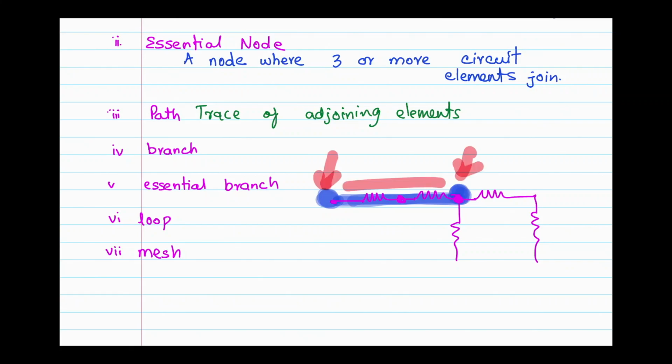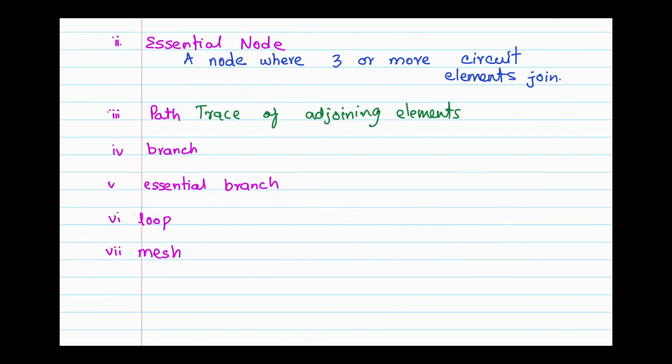Okay, so a branch, the formal definition of branch is a path between two nodes. Now let's say path between two particular nodes is called a branch. Now an essential branch is something similar in spirit.